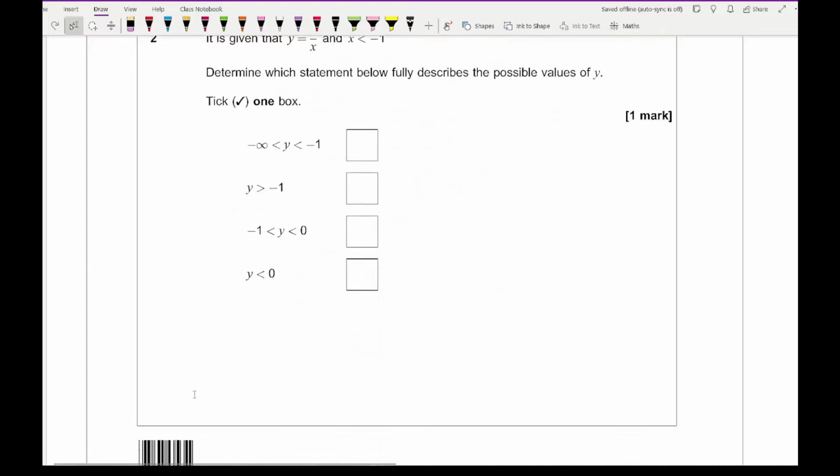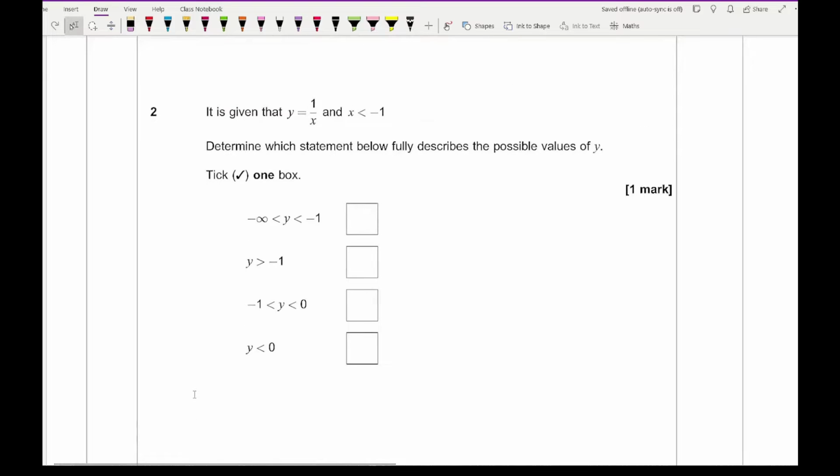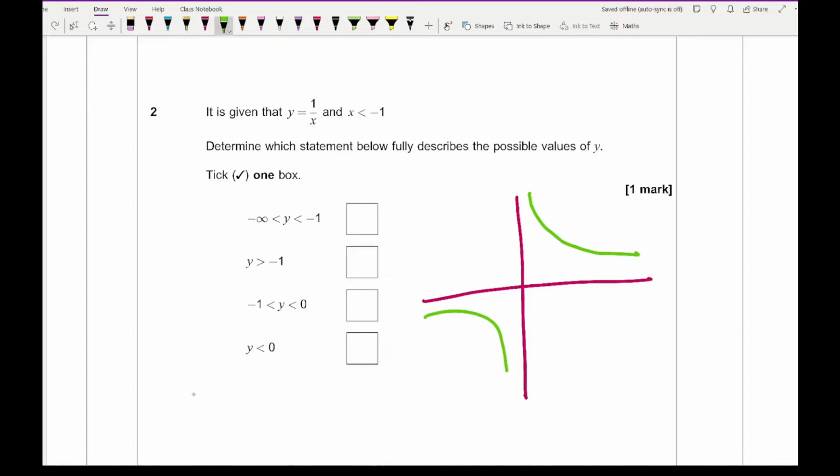Then moving on to question 2, it says it is given that y equals 1 over x and x is less than minus 1. Determine which statement below fully describes the possible values of y. So if we start by drawing the graph of y equals 1 over x, it looks something like this.